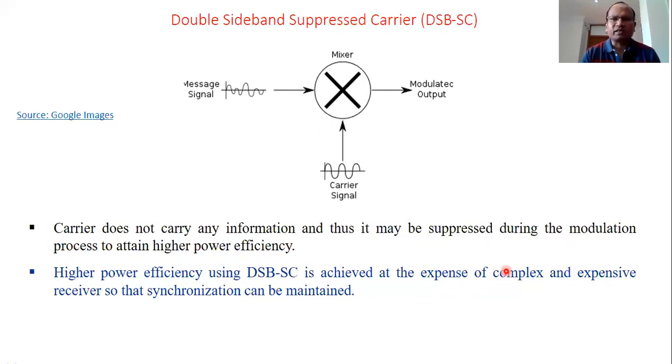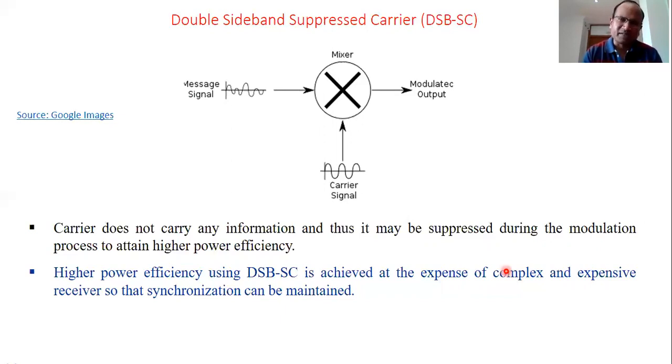In that transmission, both the sidebands will be transmitted, as well as the carrier. Though we have already studied that the carrier does not contain any message information. The message only lies in the two sidebands, but in full carrier, the carrier is also sent along with the two sidebands.